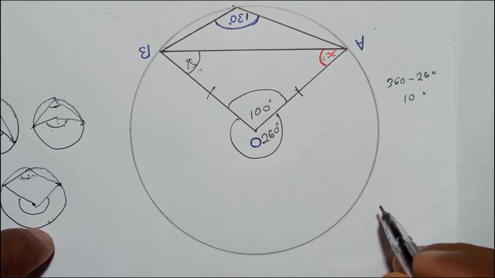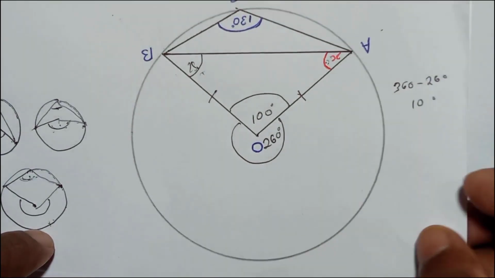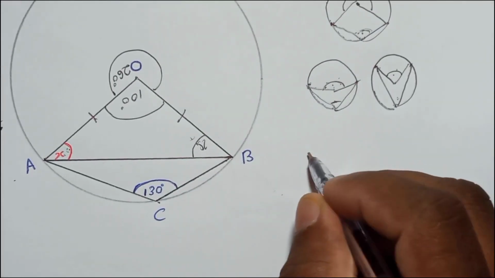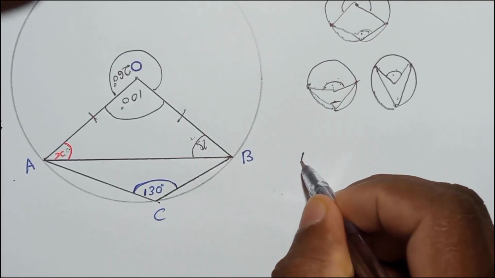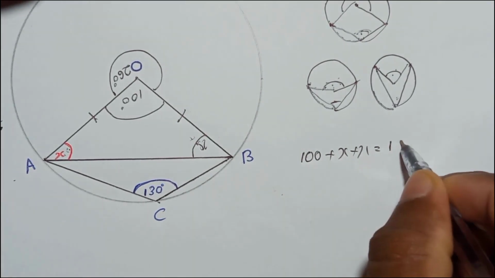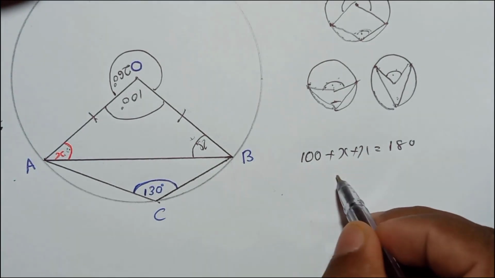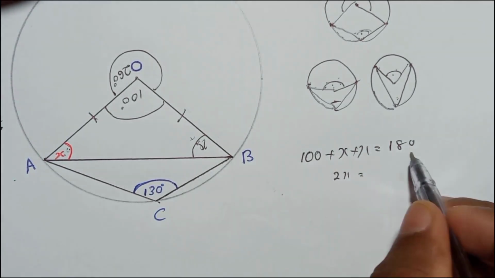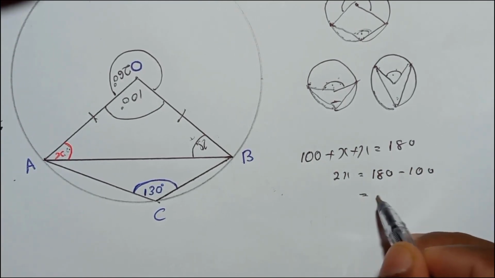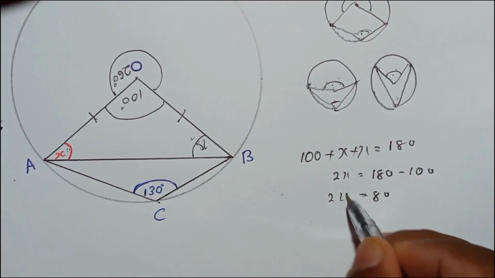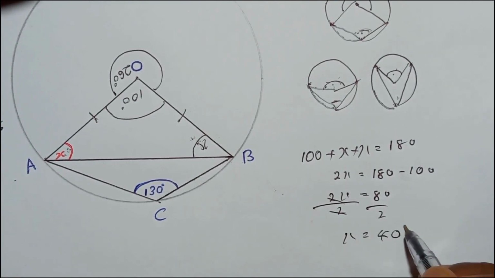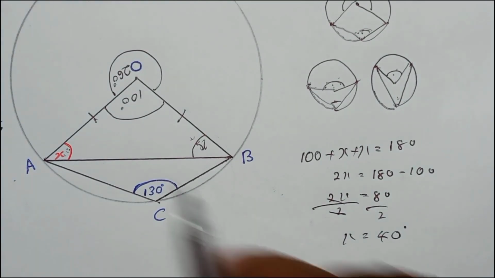Then you can write 100 plus 2x equal to 180. I will bring 100 to this side. It will be 180 minus 100, that means 80 equals 2x. So divide both sides by 2. Here will be 40. That's the answer for x.